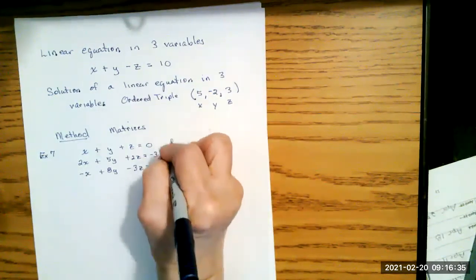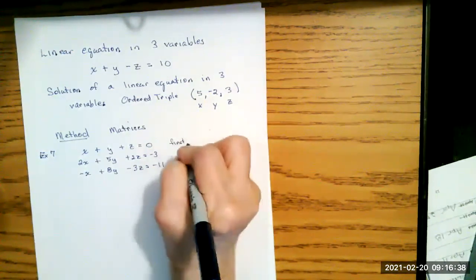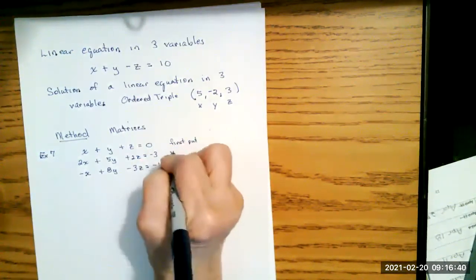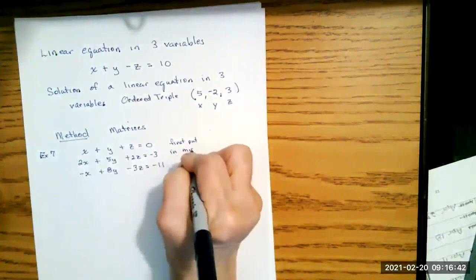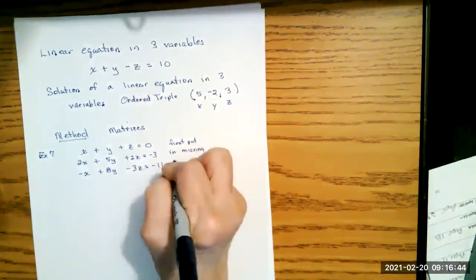So the first thing we're going to do is put in the missing coefficients.